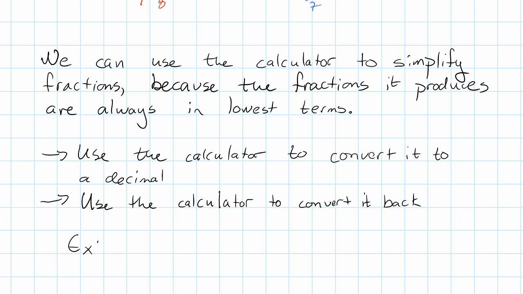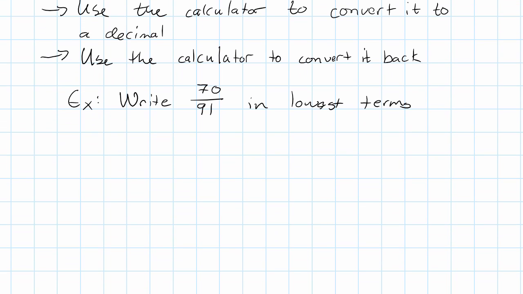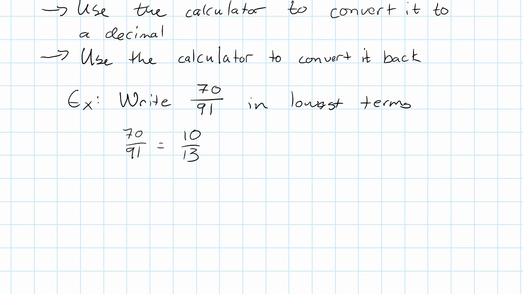So for example, say we wanted to write 70/91 in lowest terms. We say 70 divided by 91 to convert to a decimal, and then we say math 2 frac to convert it back. In lowest terms, this fraction is 10/13.